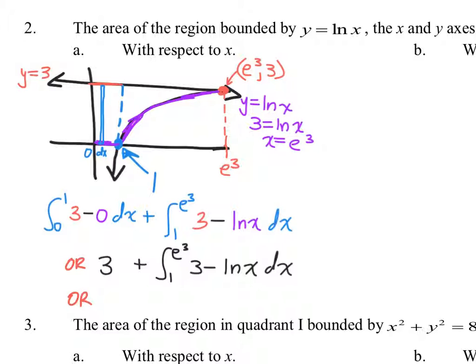All right, so on the interval of 1 to e to the third, all the area that I don't want subtracted from the area of this entire rectangular region, which has a length of e to the third by 3. So I could say 3e to the third minus the area that I don't want, and that would give me a unique integral, or a set of integrals, or 3 unique sets of integrals, all giving us the same thing, all right?